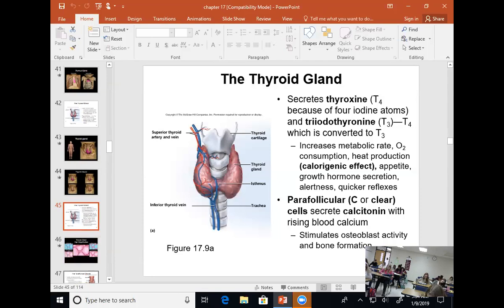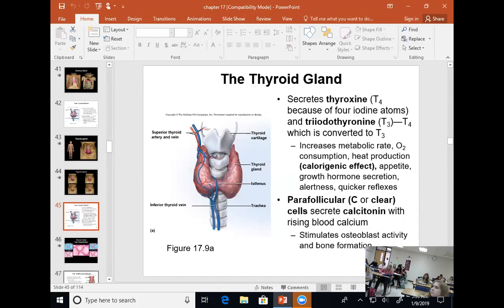I want you to know that T3 stands for triiodothyronine. You don't have to write that in your notes, but take a minute to look it up sometime. T4 is actually thyroxine. As long as you know T3 and T4 and you've heard those names, that'll be fine.